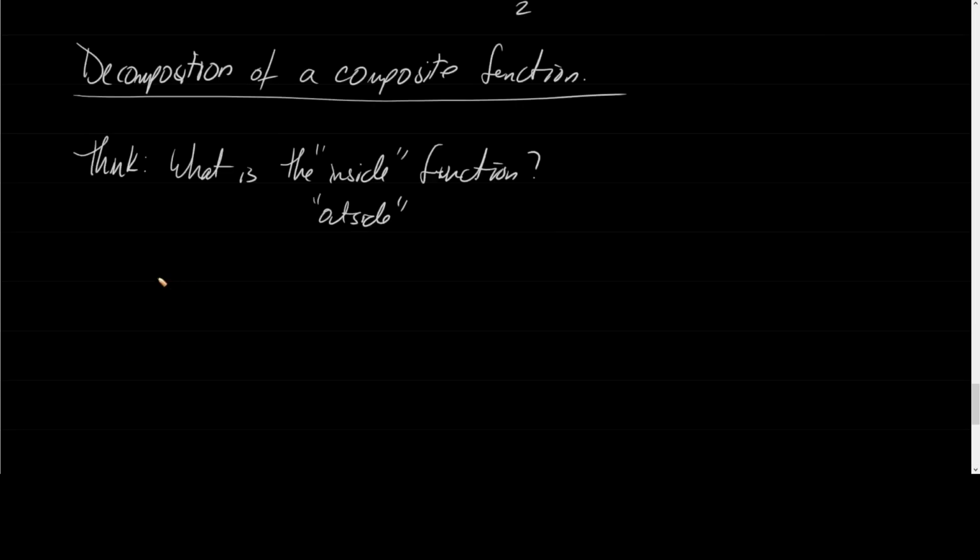What do I mean by that? Well, let's say that we had some function h of x, and we want to rewrite it as something like this: f composed with g of x. In here, we're going to have f of g of x. So I'm going to give you some function h of x. We want to figure out which one's f and which one's g.